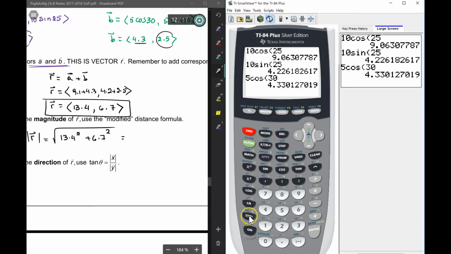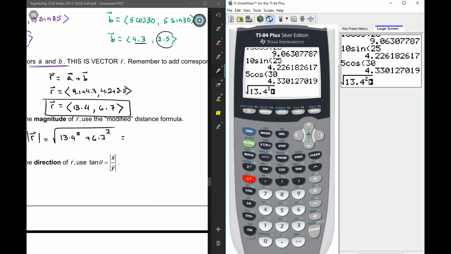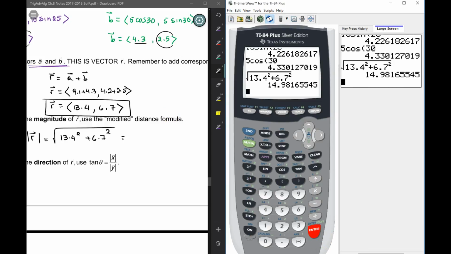So that's the square root of 13.4 squared, 14.98, so that's pretty much 15.0.